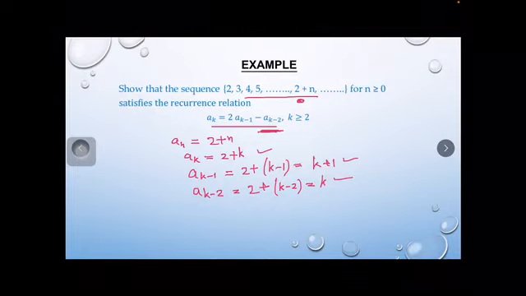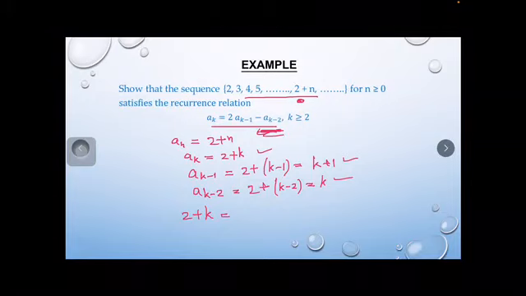What is your left side? That is ak, and ak is 2 plus k. Now put the values in the right side, that is 2 ak minus 1, and ak minus 1 is k plus 1, and minus ak minus 2, and ak minus 2 is k.